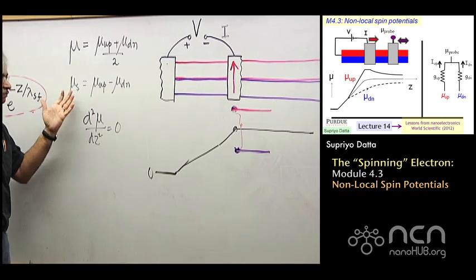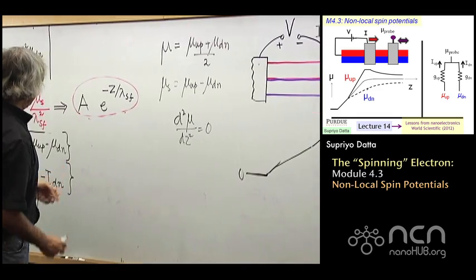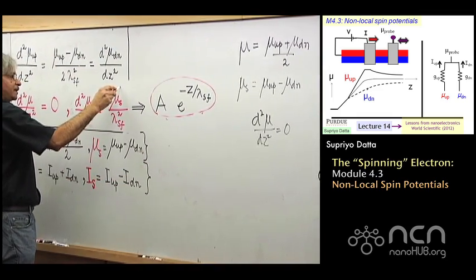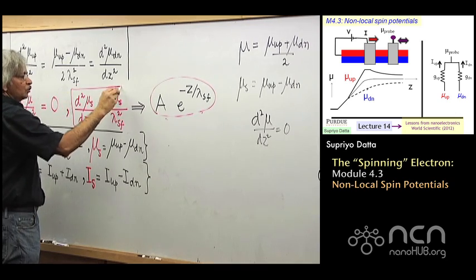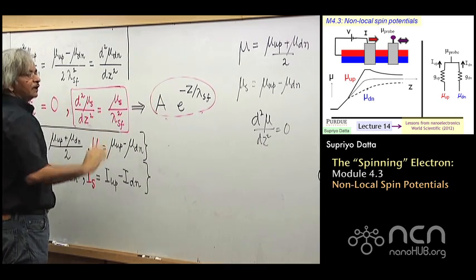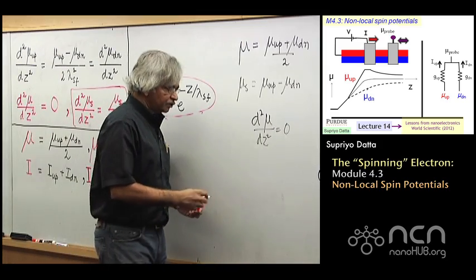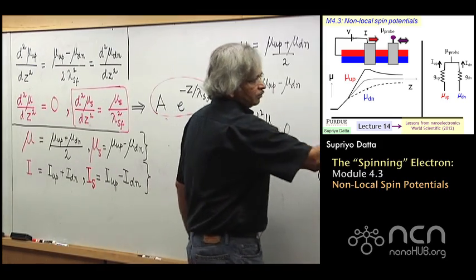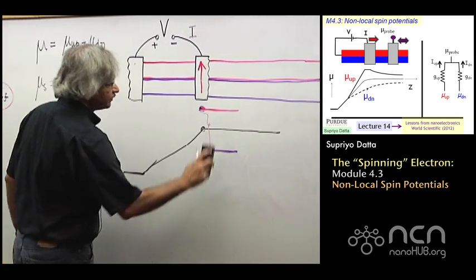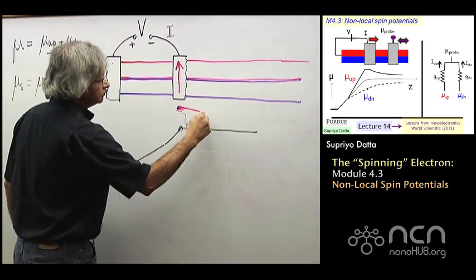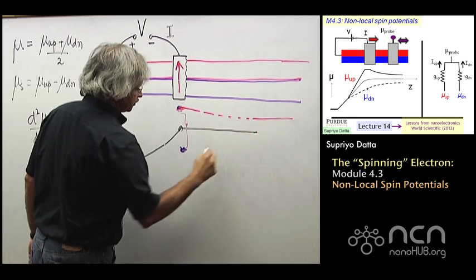And how does the spin potential vary with distance? Well, as I had argued, it obeys this basic equation, whose solutions have the form of exponentials. And so they will gradually decay. So when you look out here, they won't stay constant, but will gradually go down.